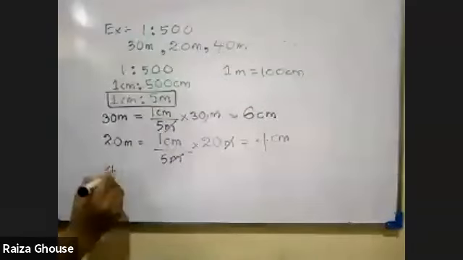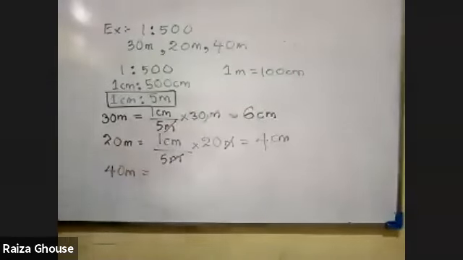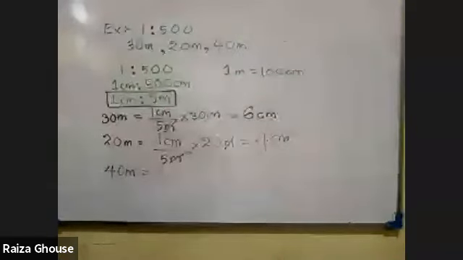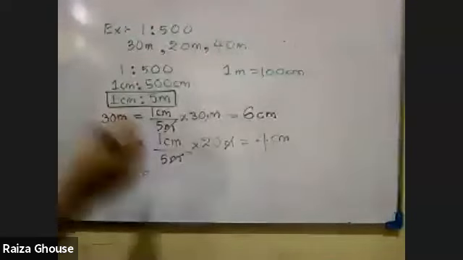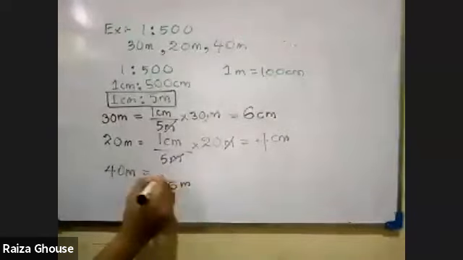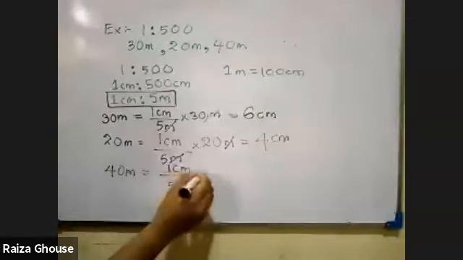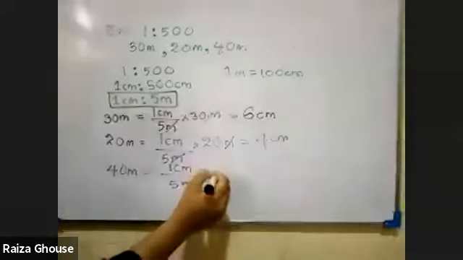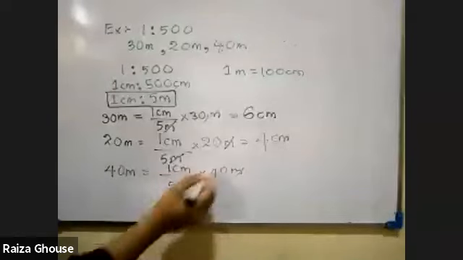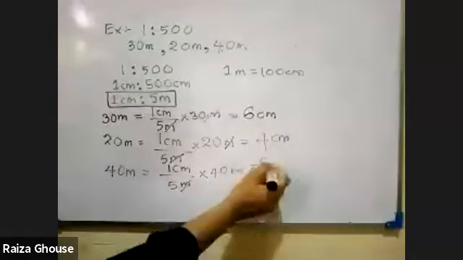Similarly, what does 40 meter mean? First of all write it down and find. Yes, I'm getting answers. Nabila has sent, Zulfa, Ilma, Mariam, Ariba. Yes, very fast, faster than me. Good. 5 meter is 1 centimeter, so what is 40 meter? Cancel meter and meter. 40 divided by 5, 8 centimeter.